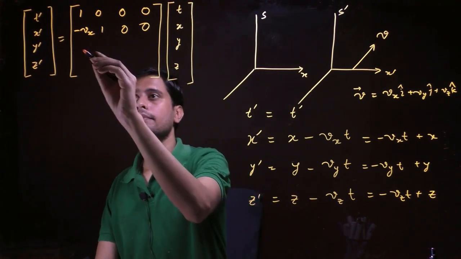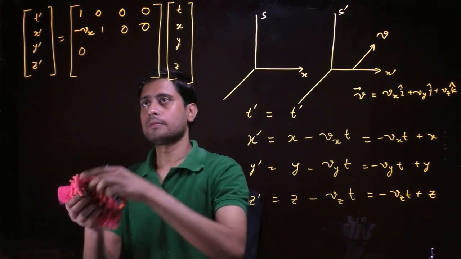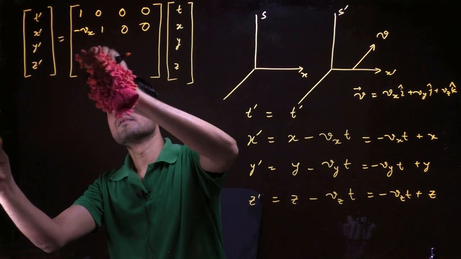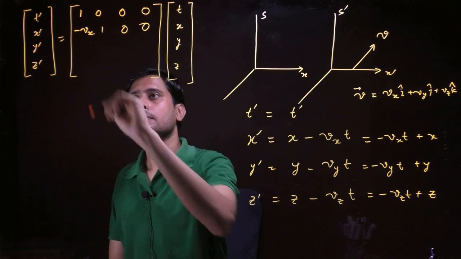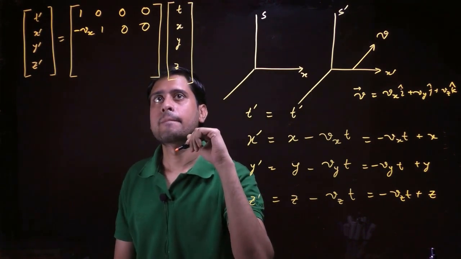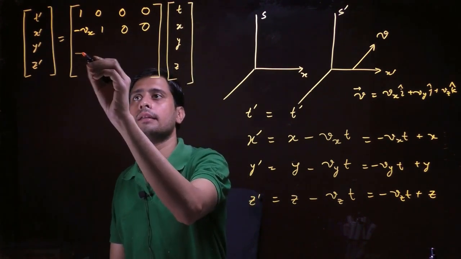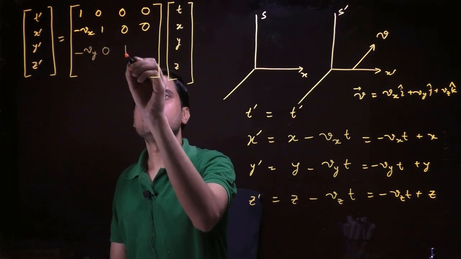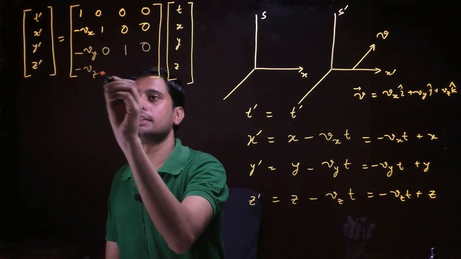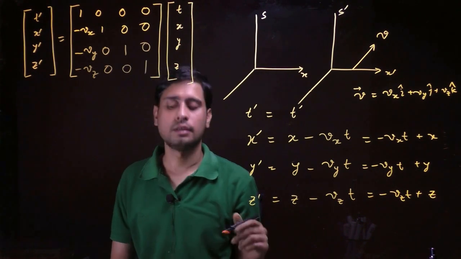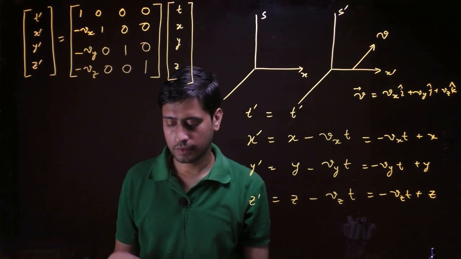Now for the y term, we will write here minus vy, then 0, then 1, then 0. And similarly for z, we will write here minus vz 0 0 and 1. So in this way we will write our Galilean transformation equations.